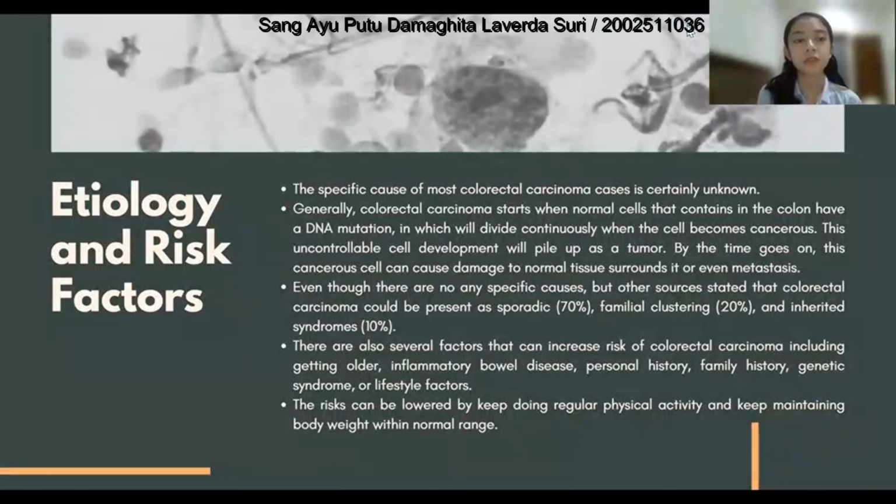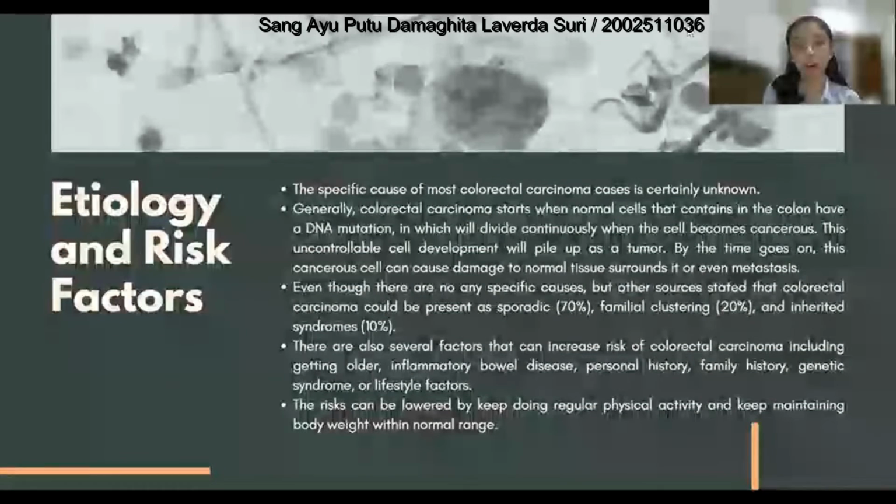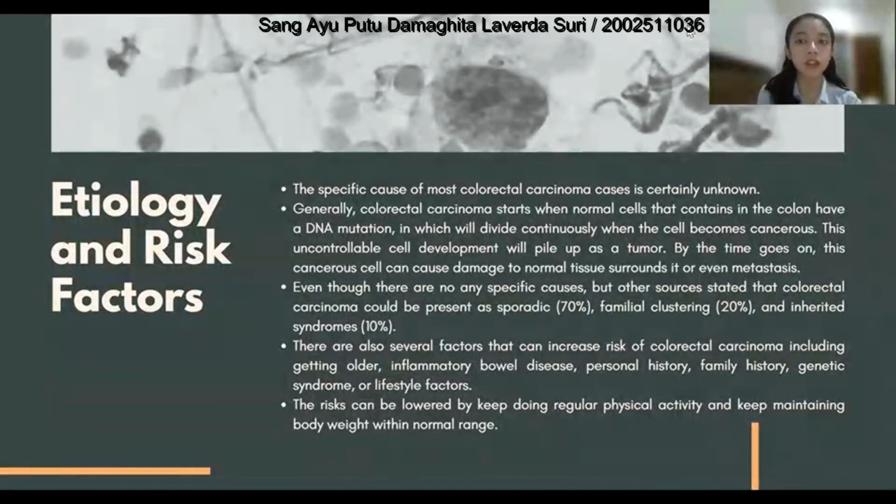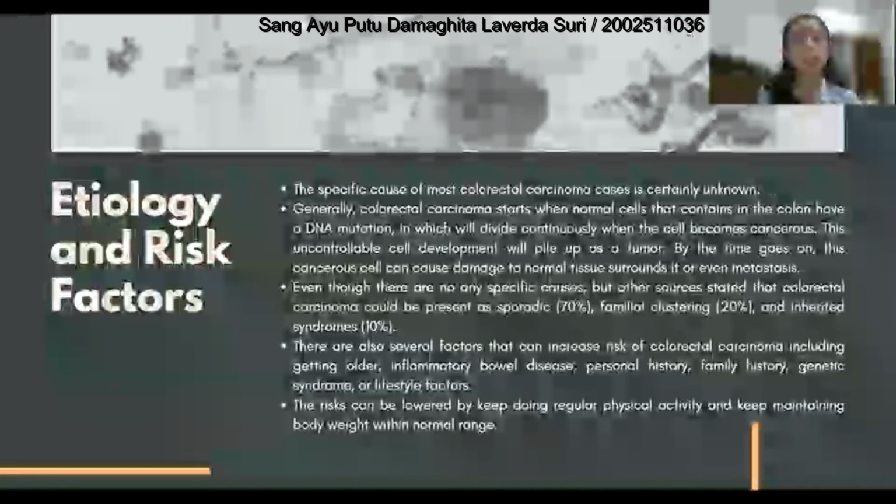So first of all, my name is Dama, and I would like to explain about the etiology and risk factors of colorectal carcinoma. Actually, the specific cause of most colorectal carcinoma cases is unknown. Generally, colorectal carcinoma starts when normal cells in the colon have a DNA mutation, and divide continuously as the cell becomes cancerous.